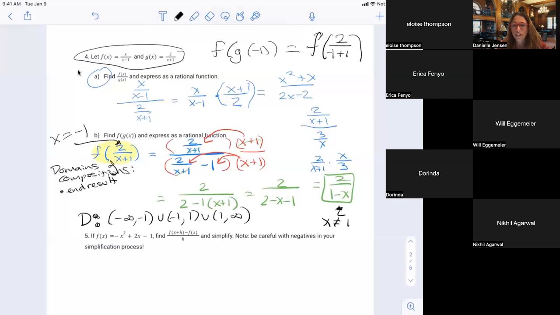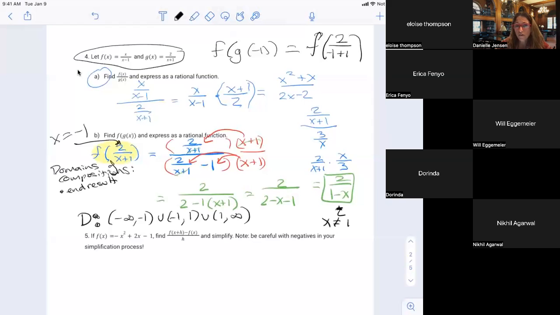What would you notice there? As soon as I try to put -1 into the g function, I'm running into problems, right? Because in a composition, every x has to first go through that inner function, that domain is super important, as is the end result.